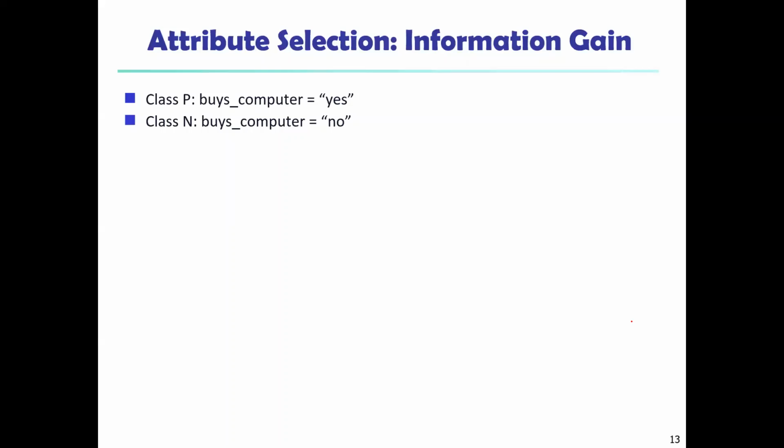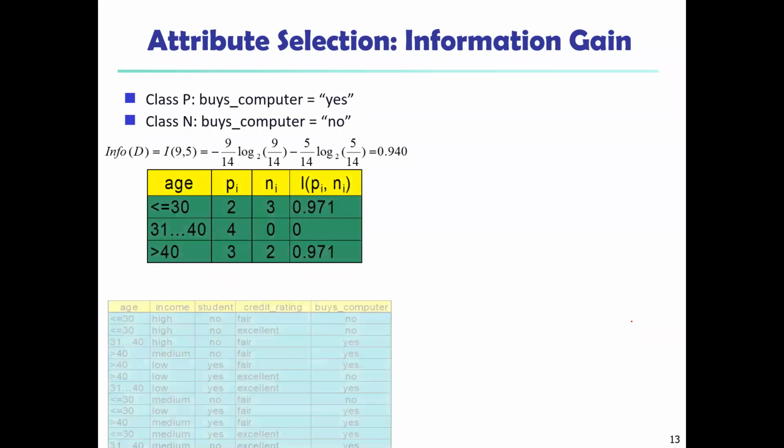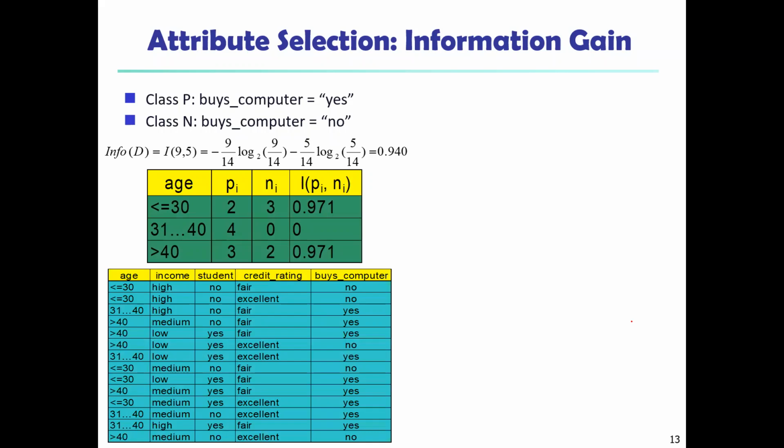Class P contains yes, class N contains no. So I'm considering this as a dataset now. Under this dataset, we have attributes like age, income, student, credit rating, and buys computer. Each and every attribute contains its own set of values.